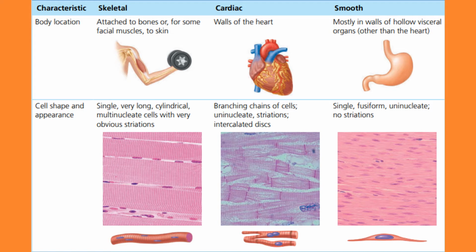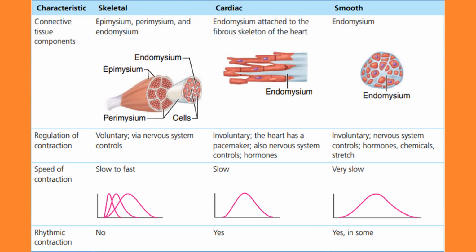Smooth muscles are single, fusiform, uninucleated, and there are no striations in smooth muscle. Connective tissue component. Skeletal muscles contain epimysium, perimysium, and endomysium. Cardiac muscle contains endomysium attached to the fibrous skeleton of the heart, and smooth muscle also contains endomysium.